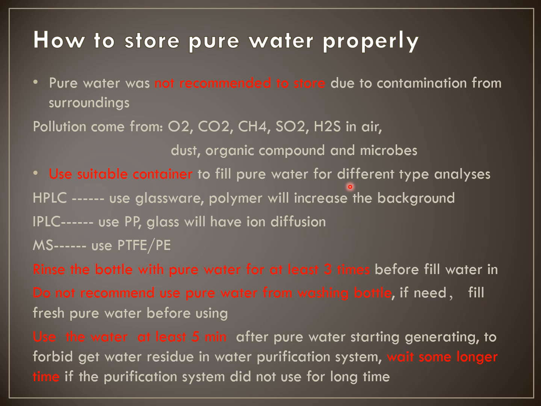errors in our application. For example, if we are using it mostly for HPLC, we are very sensitive about the background, so we will not use polymer materials as containers. We use glassware, and high borosilicate glassware with amber is much better.